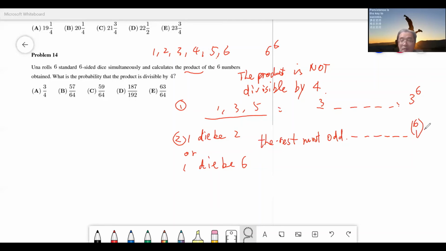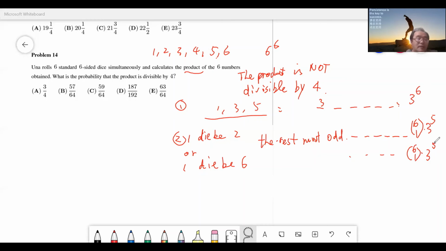Then, except this one, all the rest must be odd, which can be 1, 3, and 5. 3 options for each, so that's 3 to the power 5. Similarly, if you have one number being 6, we get the same number of ways.